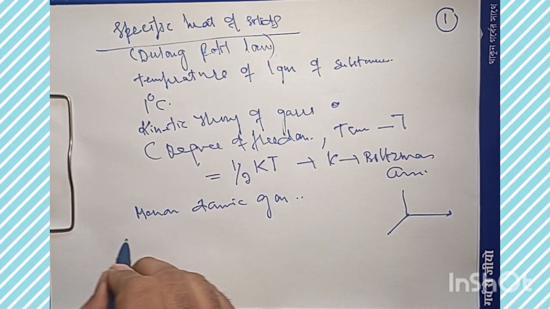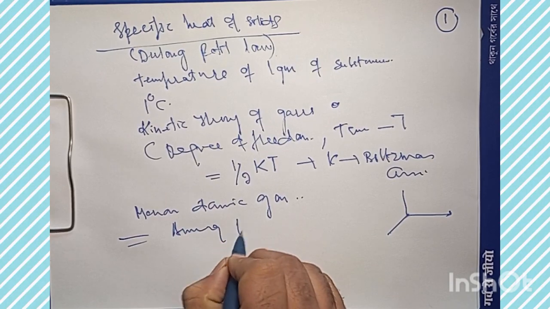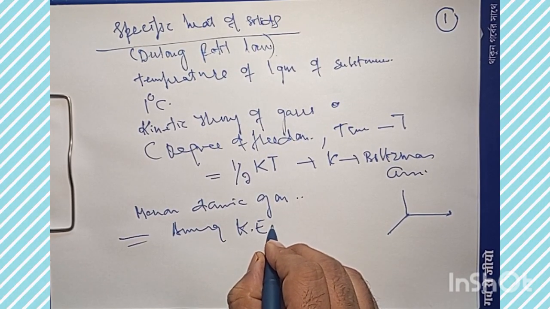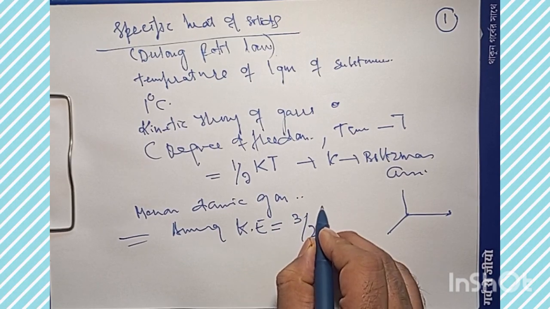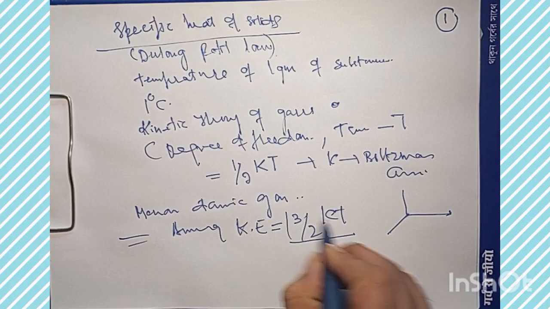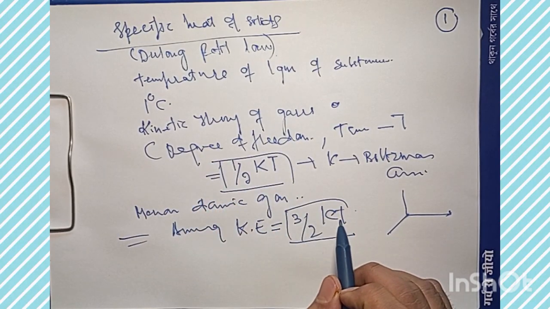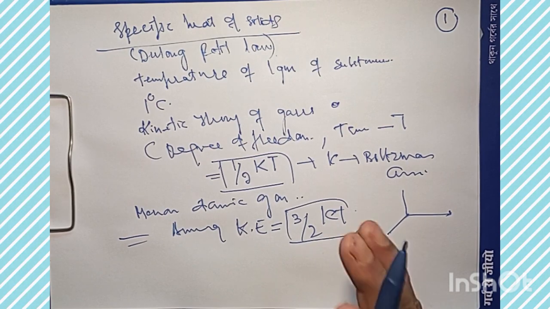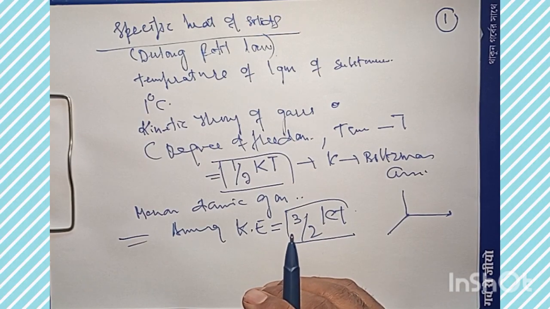So the average kinetic energy that we will have per molecule will be 3 by 2 kT. All we have to do is to multiply this average kinetic energy per degree of freedom of a molecule by 3. So this is giving us 3 by 2 kT.